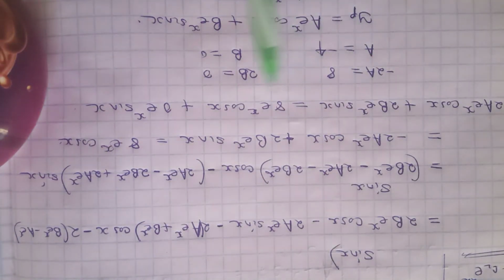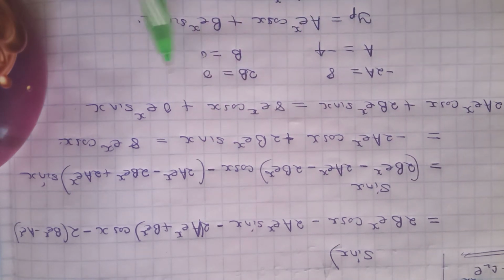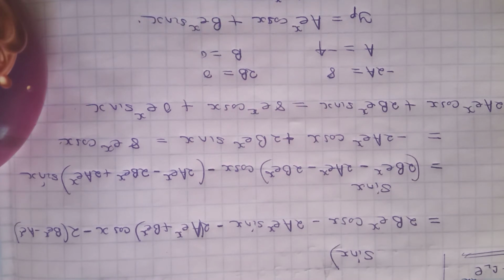Now we divide, we equate them, then we shall have a to be negative 4 and 2b is equal to 0, b is equal to 0. Now we shall have our final equation to be Ae^x cos x plus Be^x sin x.